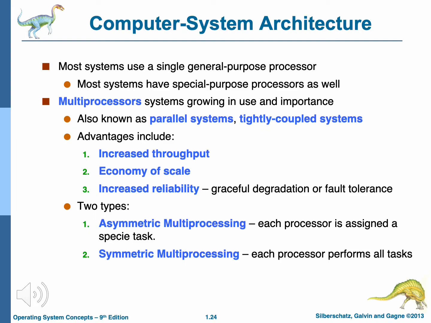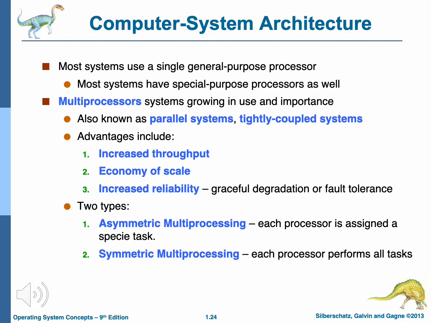Multiprocessor systems have three main advantages. 1. Increased throughput. By increasing the number of processors, we expect to get more work done in less time. The speedup ratio with n processors is not n, however; rather, it is less than n.